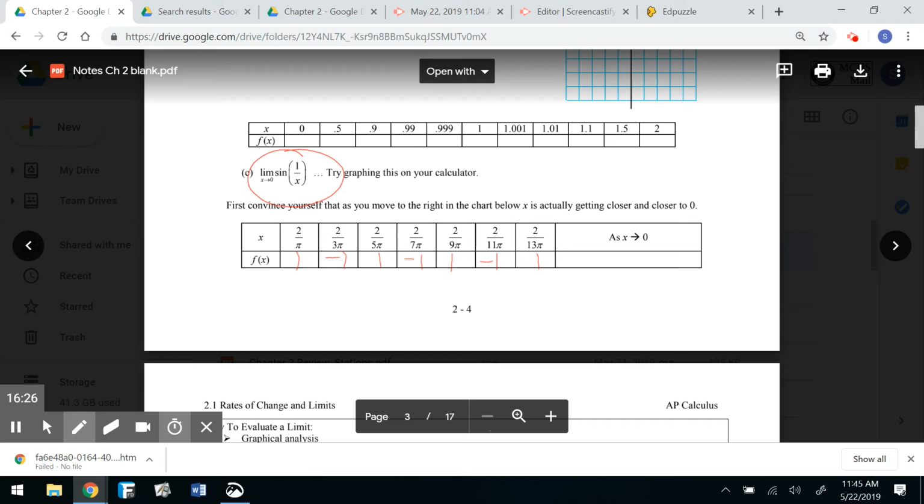Okay, and the interesting thing is this guy alternates between 1 and -1. Well, that's an idea of oscillation. Okay, whether we're coming from the left or the right, it just keeps on jumping between 1 and -1. So it does, once again, not go to a specific value.